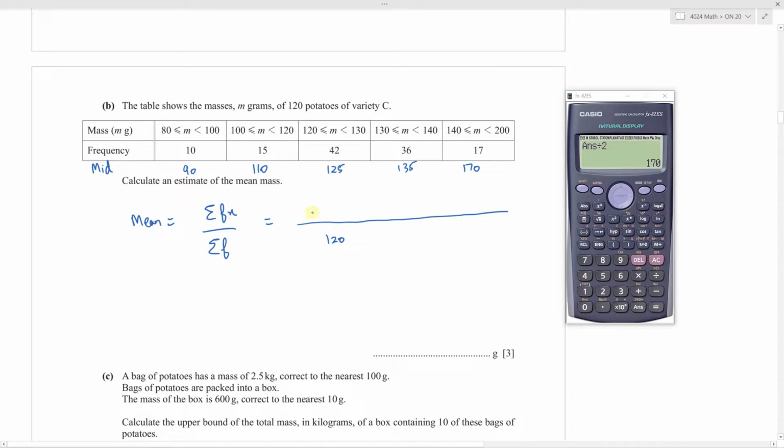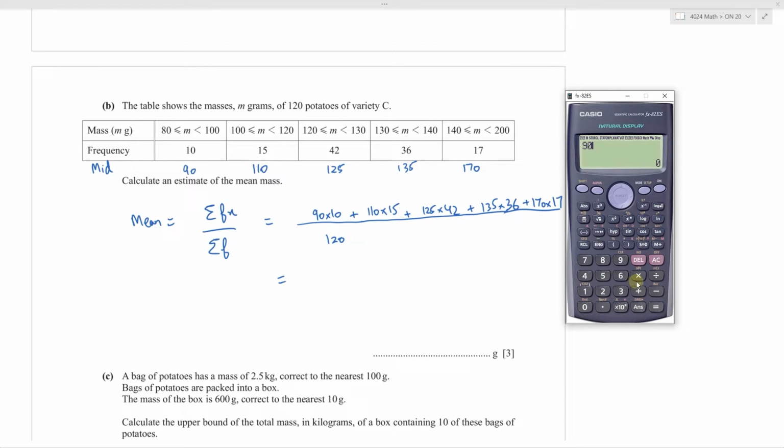So 90 multiplied by 10, plus 110 multiplied by 15, plus 125 multiplied by 42, plus 135 multiplied by 36, and plus 170 multiplied by 17.